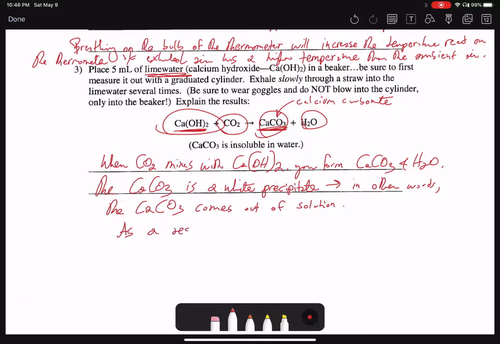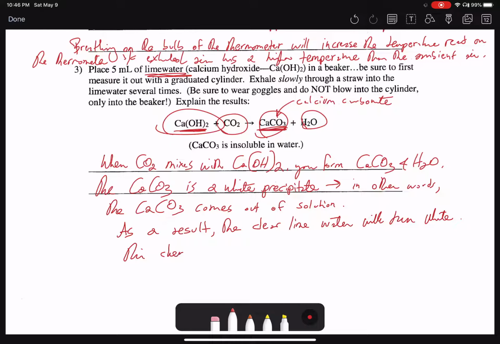As a result, the clear lime water will turn white.